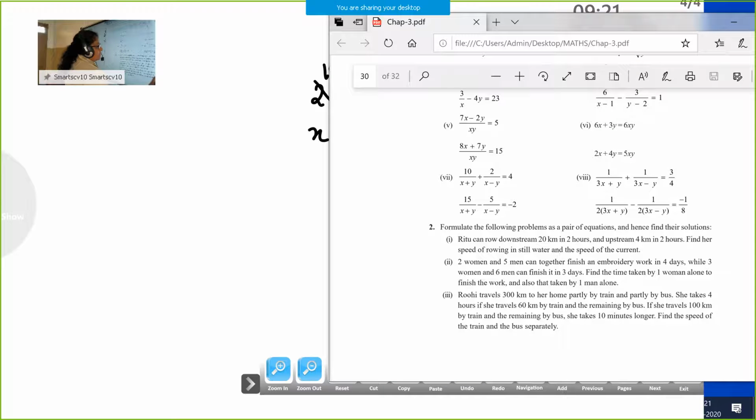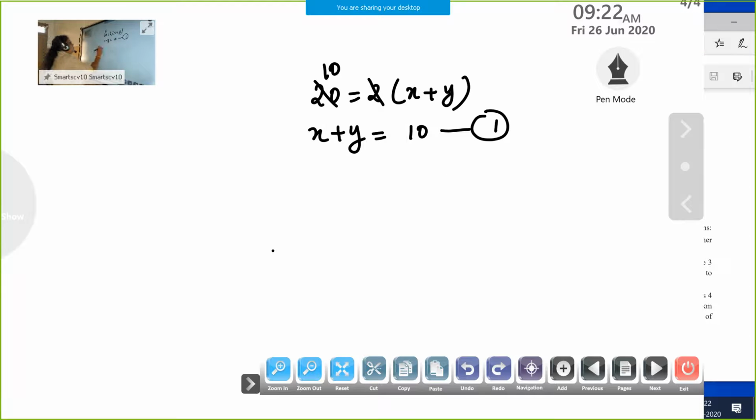Then the second one: she rowed upstream 4 kilometers in 2 hours. First case is downstream, second case is upstream. Upstream means distance, 4 kilometers, divided by the speed, which is x minus y, is equal to 2 hours.